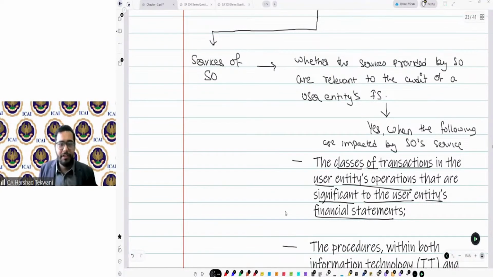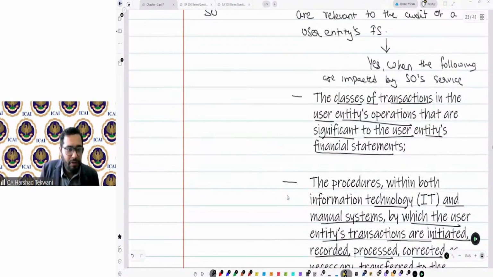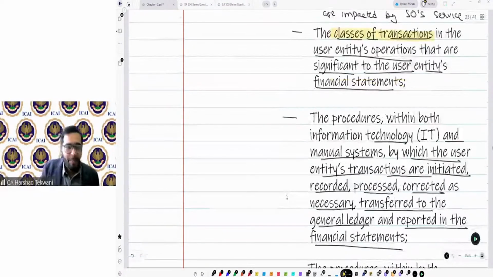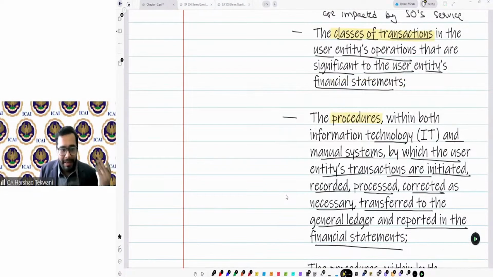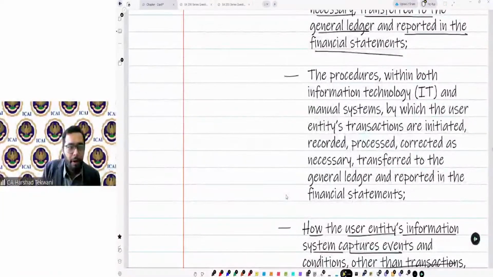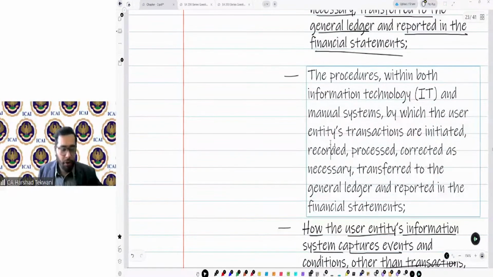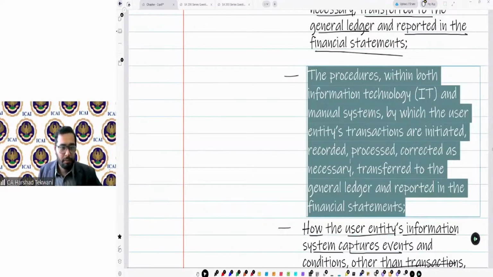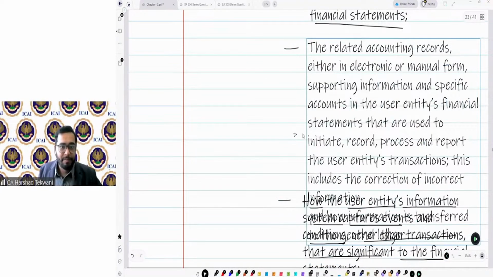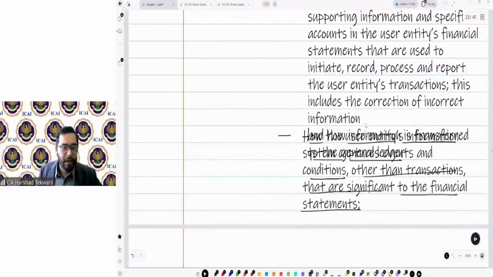If the service organization's service is impacting the classes of transaction, then yes, it is material. If it is impacting the procedures, yes, it is material. If it is impacting the accounting related records, again I would say yes, it is material because it is impacting the accounting related records.